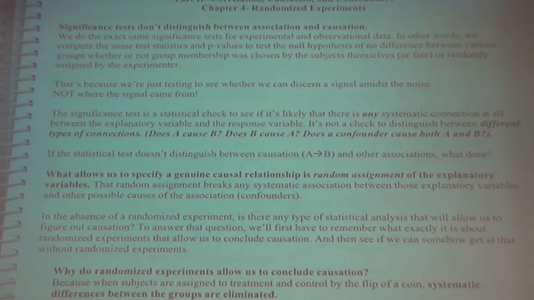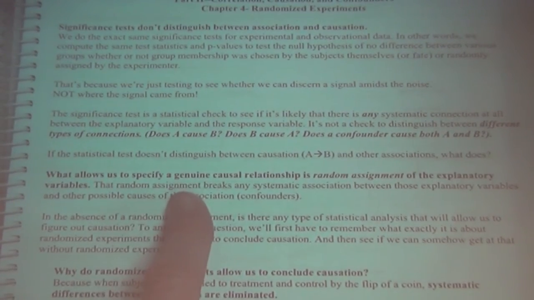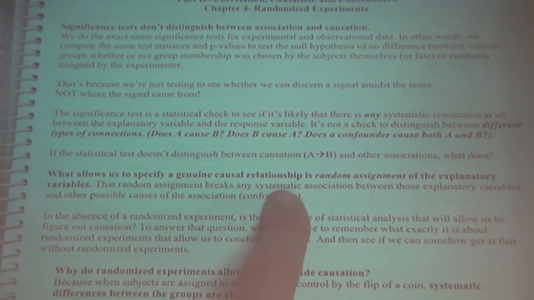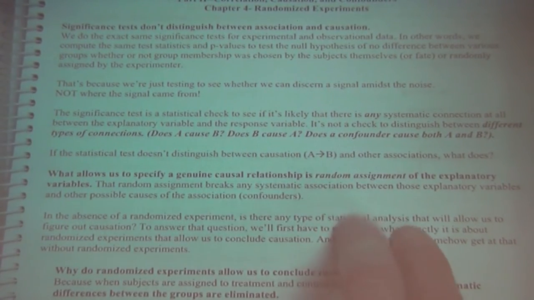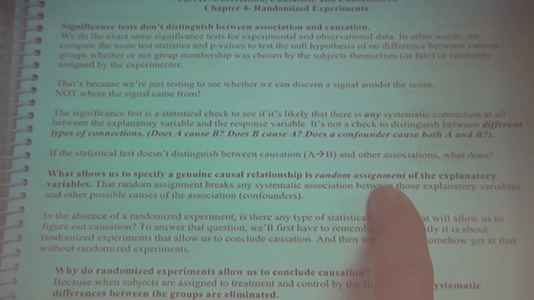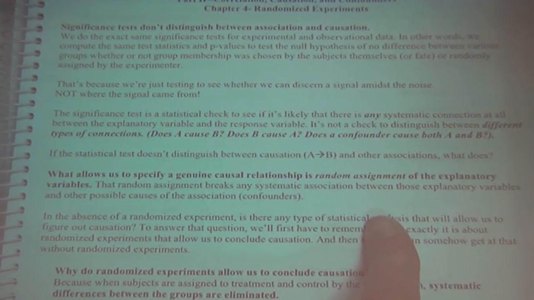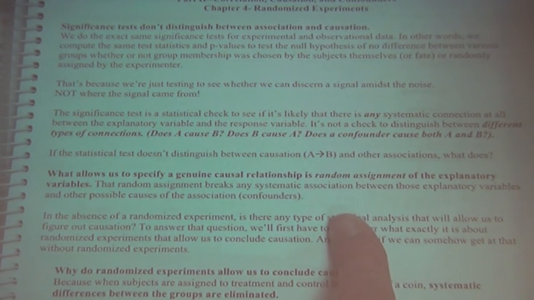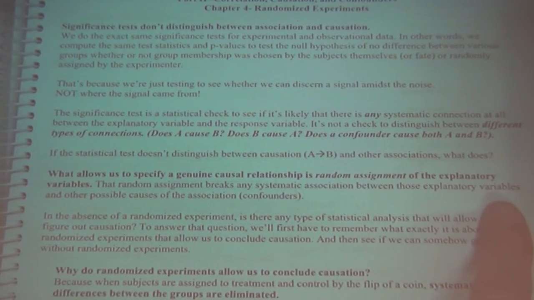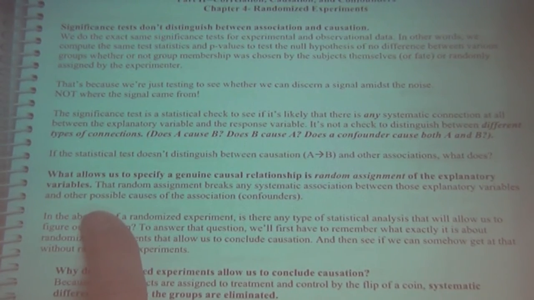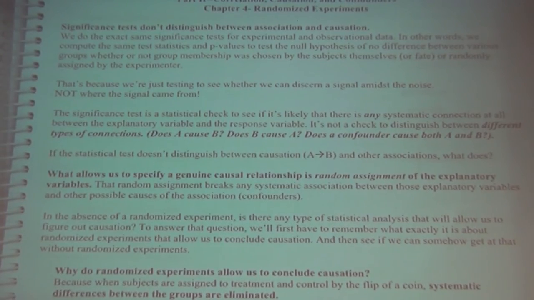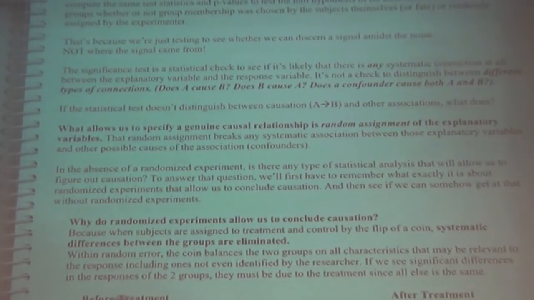Well, as we saw in Stat 100, the only thing that allows us to really specify a genuine causal relationship is random assignment of the explanatory variables, because that breaks any systematic association between those explanatory variables and all other possible causes of the association, possible confounders, okay?